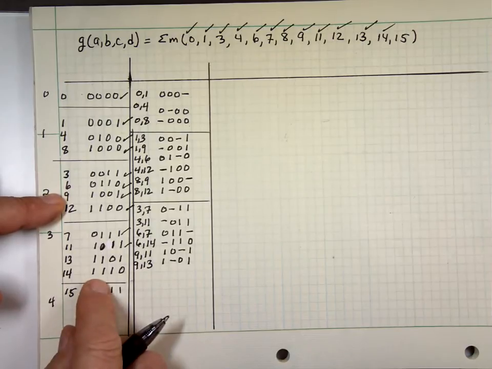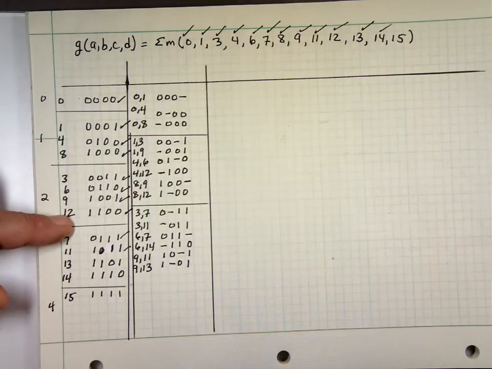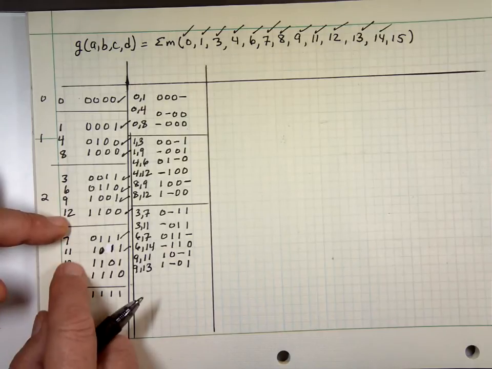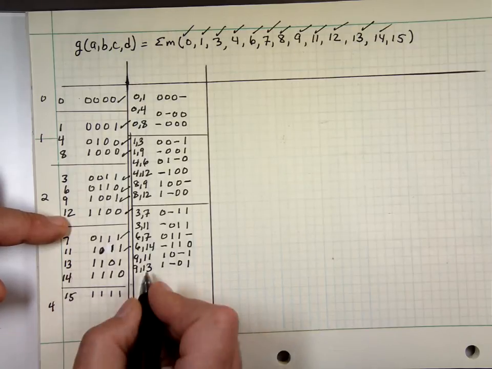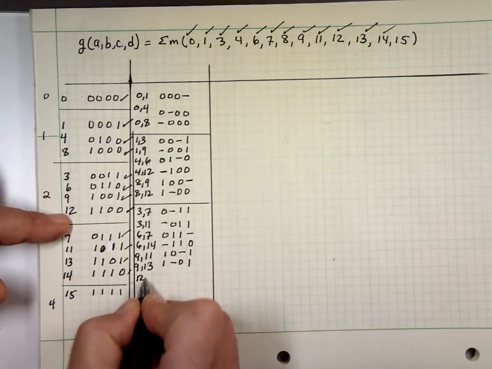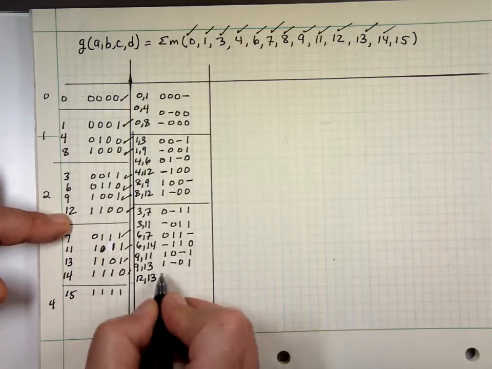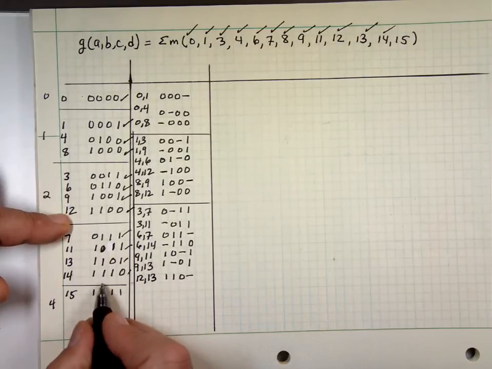No. Ugh. 12. 12 and 7. Nope. 12 and 11. Nope. 12 and 13. Yes. 12 and 13, 1, 1, 0 dash. And 12 and 14, 1, 1 dash 0.